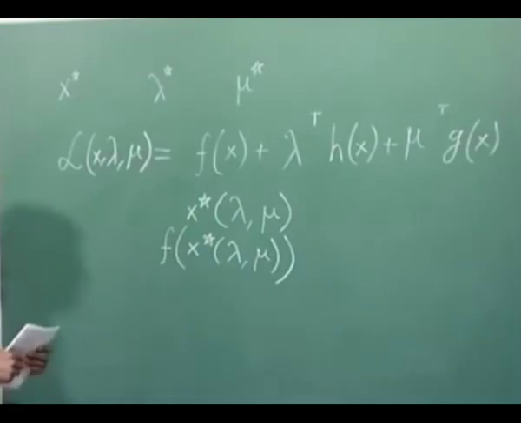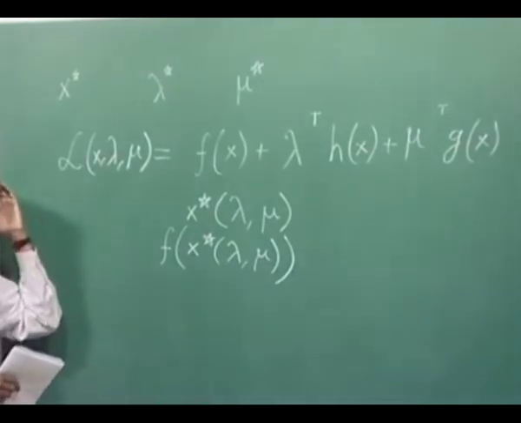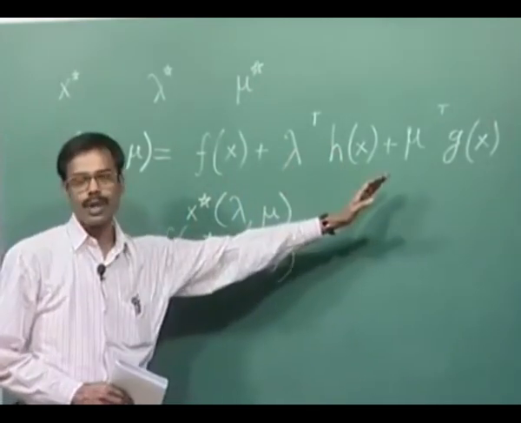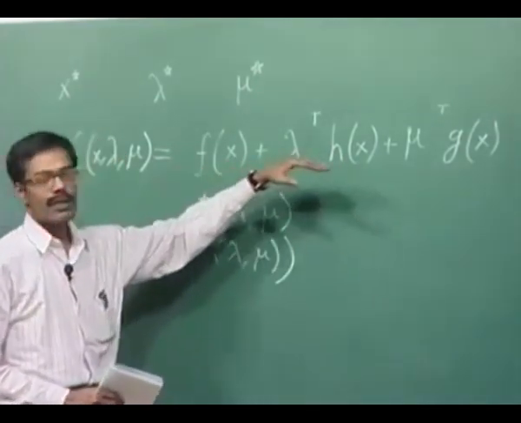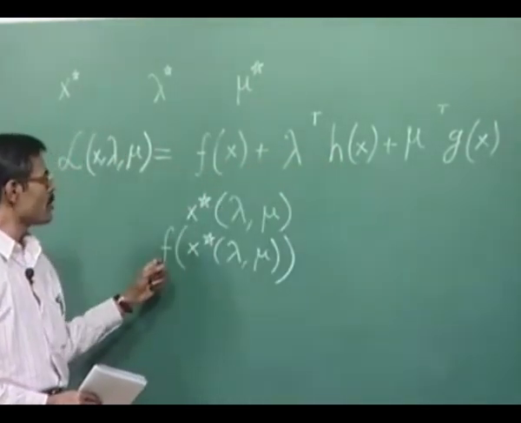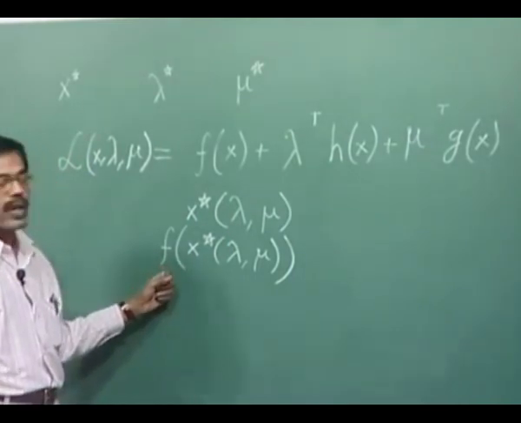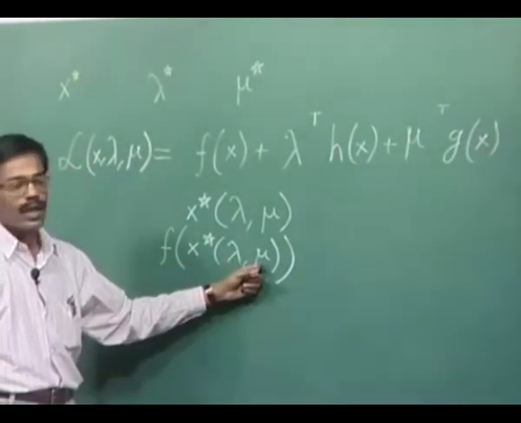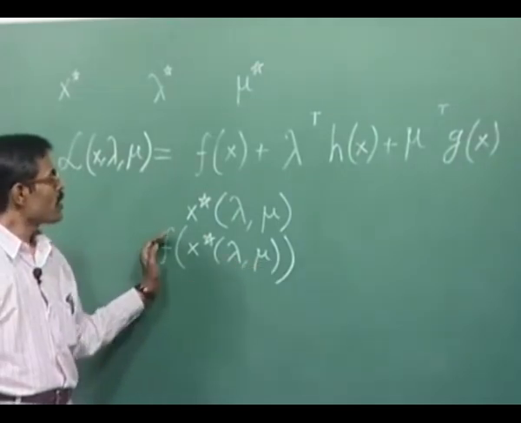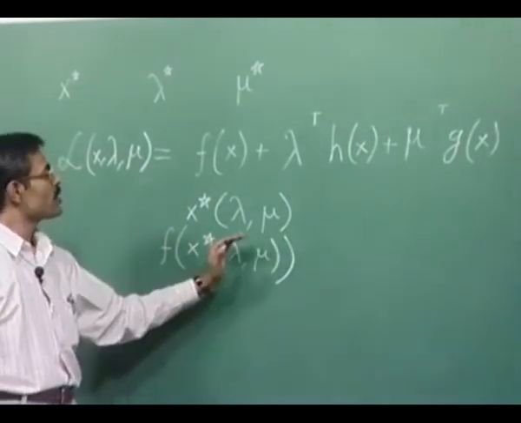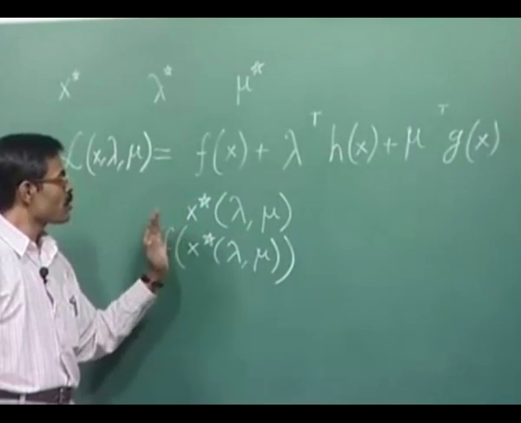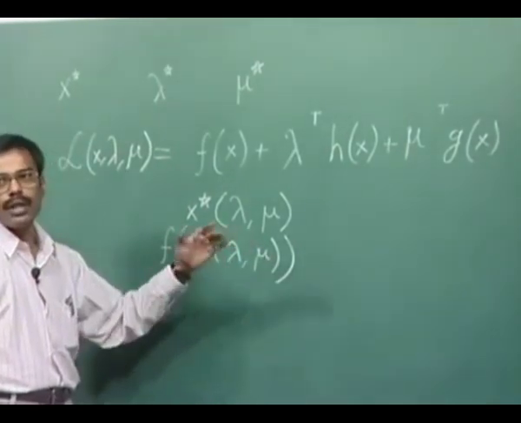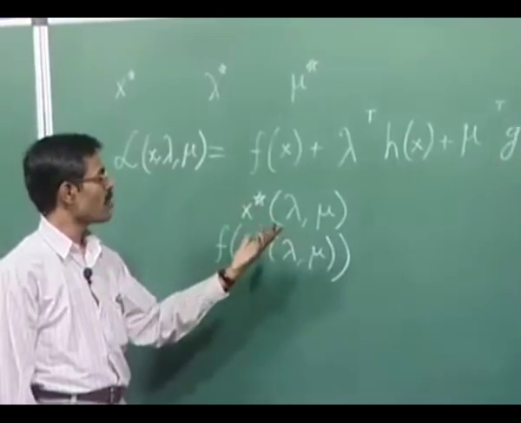Now, note that for every prescribed set of values lambda and mu, we get some minimum point of this function and the corresponding minimum value. This minimum value can then be taken as a function of lambda and mu, and therefore, the minimum of this Lagrangian with respect to x variables as a function of lambda and mu is called the dual function, that is a function of lambda and mu.